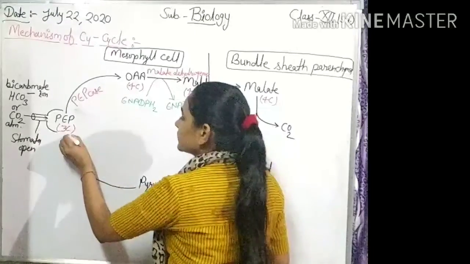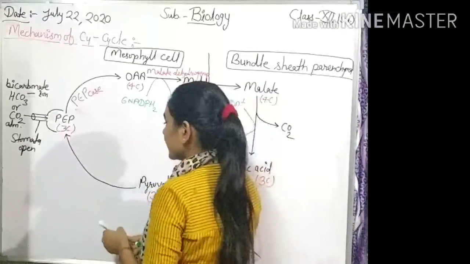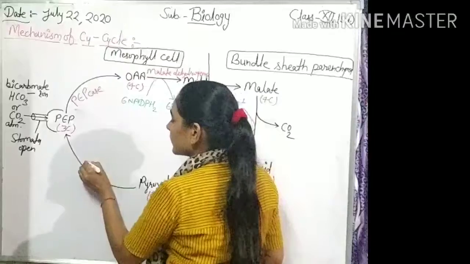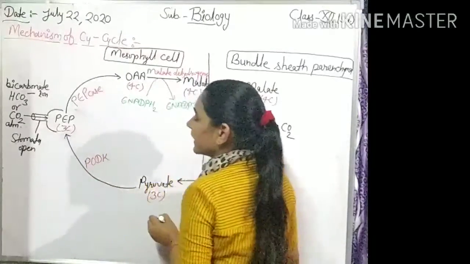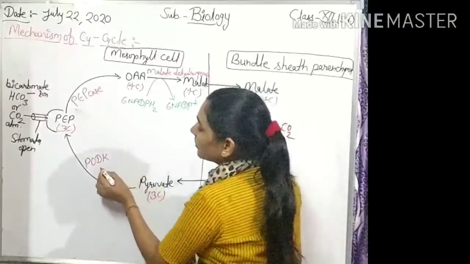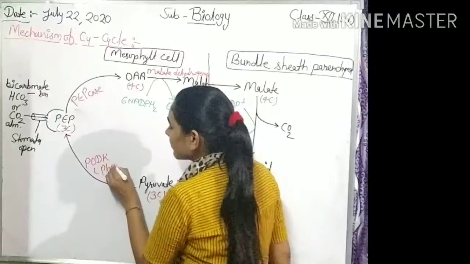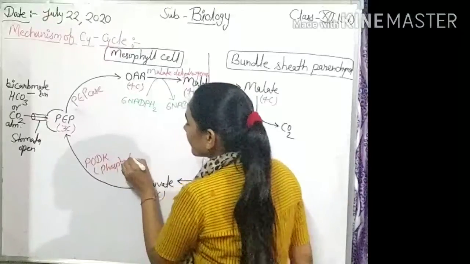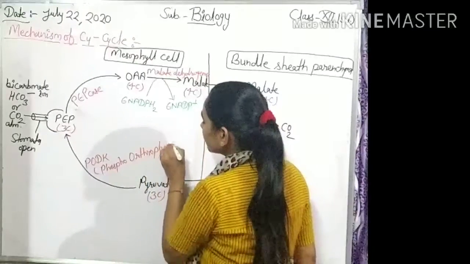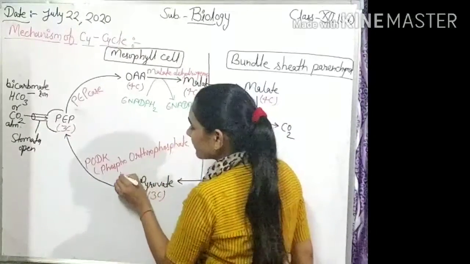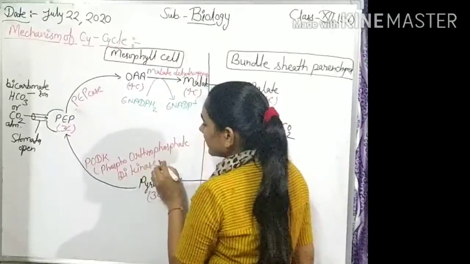and forms phosphoenol pyruvate in the presence of the PPDK enzyme. Full form: pyruvate orthophosphate dikinase enzyme.